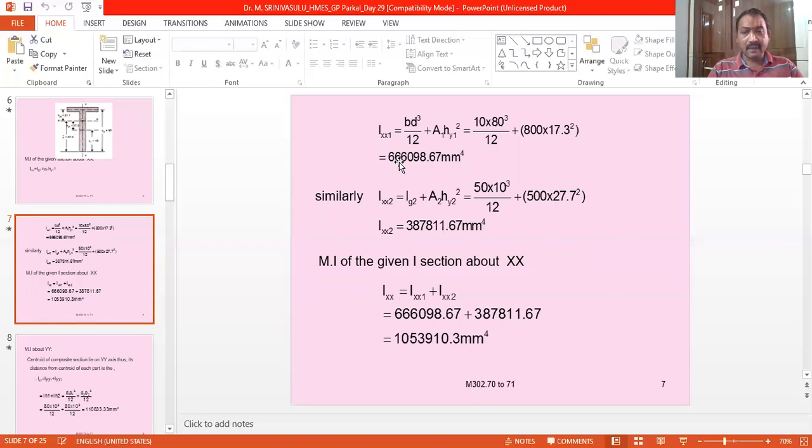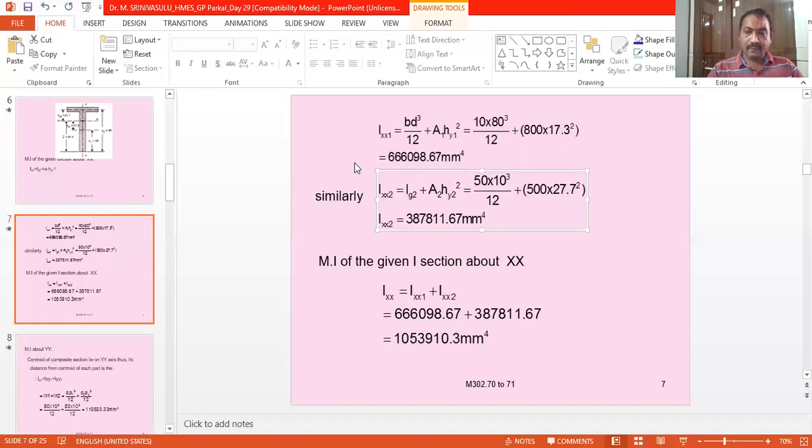Now we have to find the Ixx2 value. For the same equation, Ixx2 is equal to Ig2 plus A2 into hy2 whole square. Here Ig2 is again BD cube by 12. For rectangle 2, B is 50, that is the width, and depth D is 10.